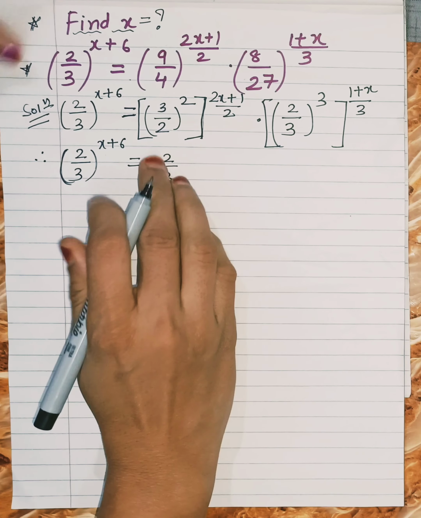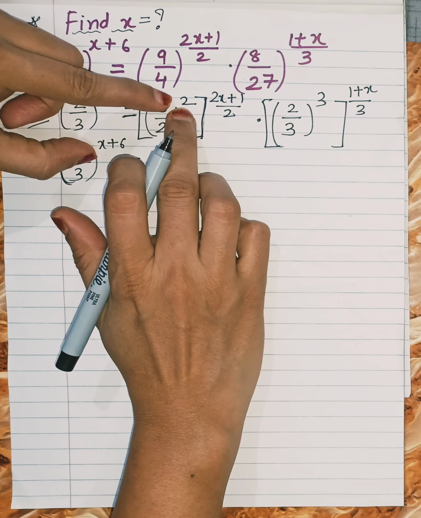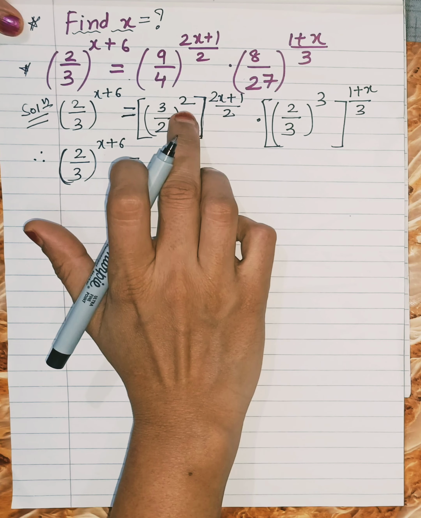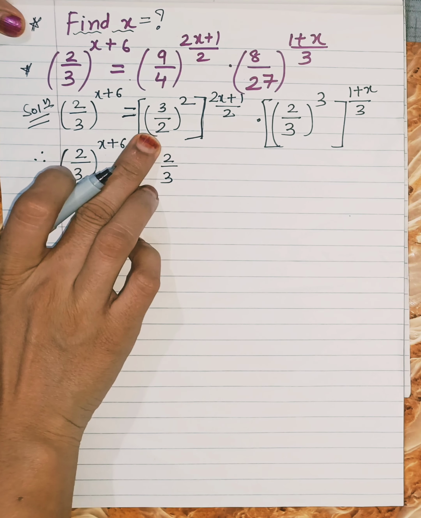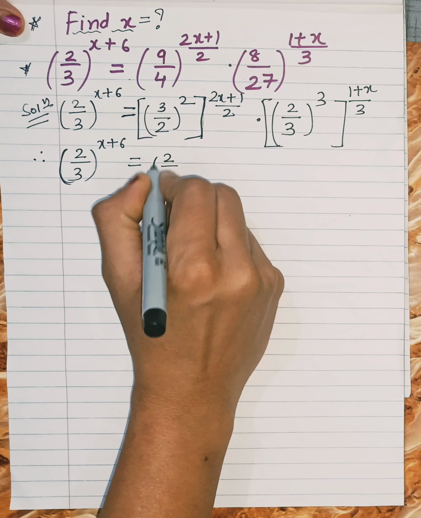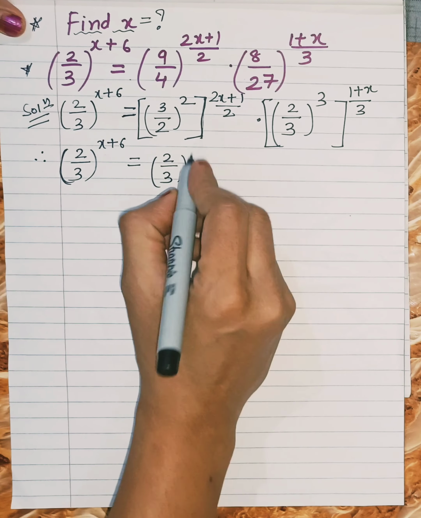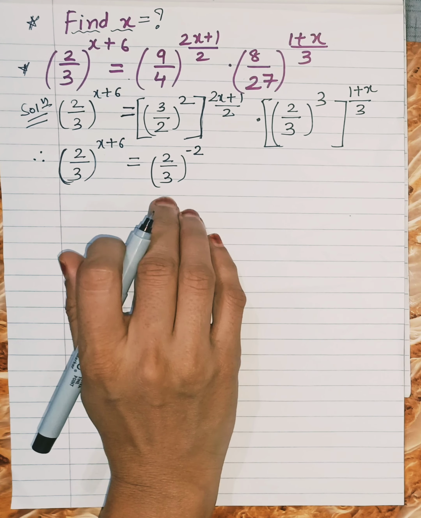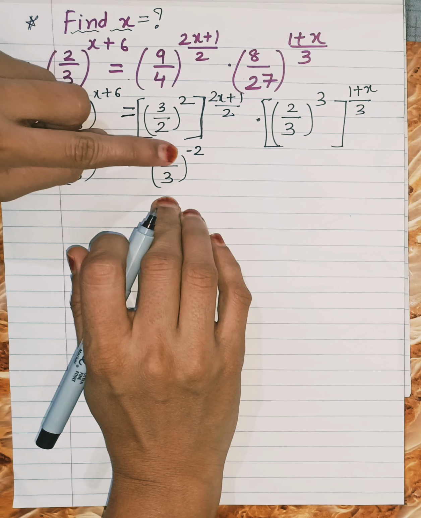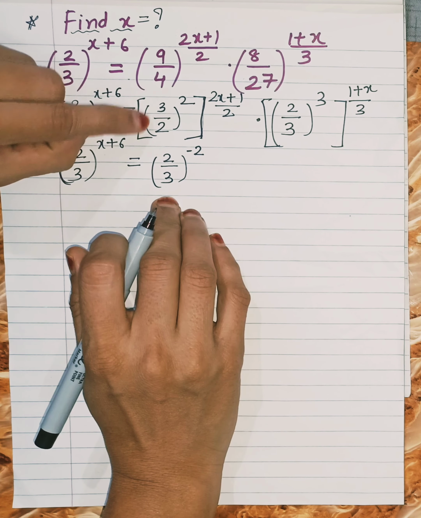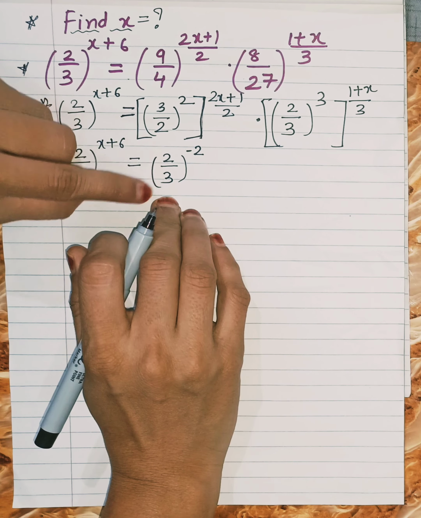But what happens when we take the reciprocal, this power 2, the square, becomes negative. So in place of 3/2, if you take 2/3, here in place of 2, I will write minus 2. Why? Because we are taking the reciprocal. So 3/2 can be written as 2/3.